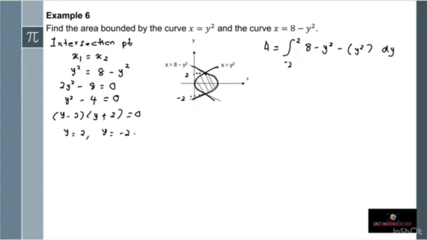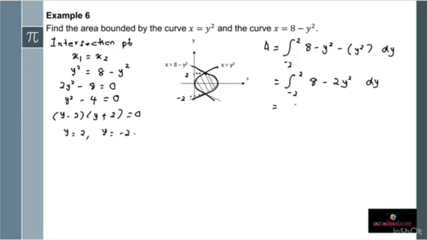We simplify this one. Limits of integration negative 2 to 2, so we have 8 minus 2y squared dy.